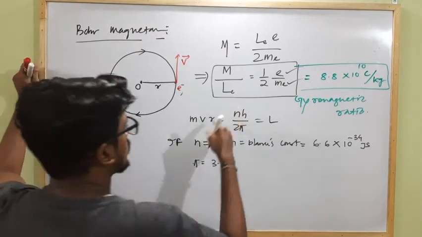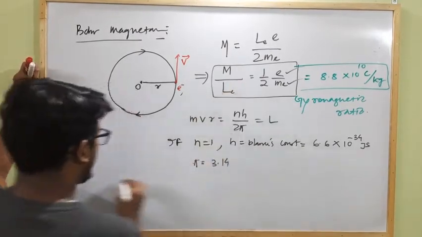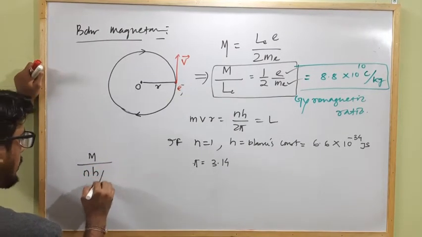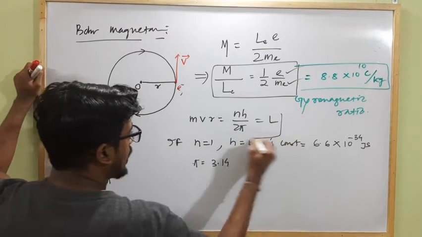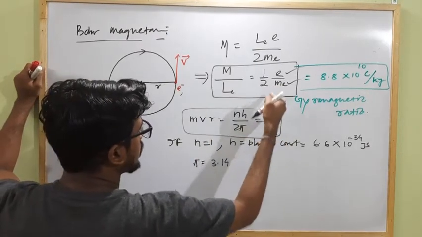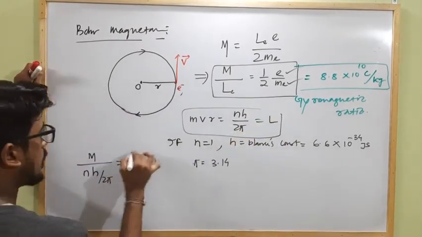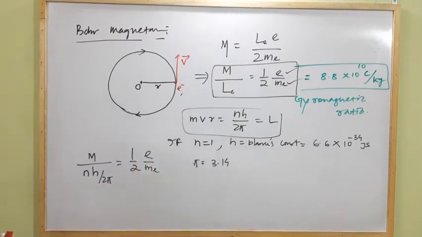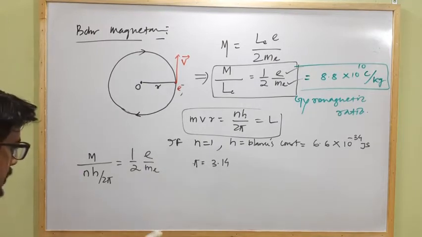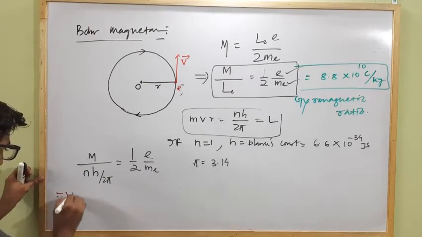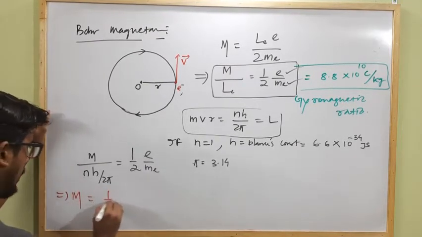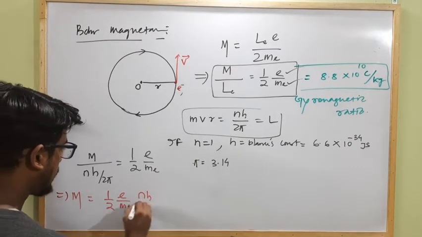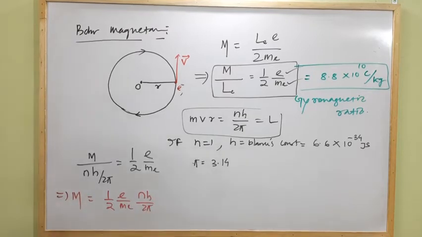Clear? So if I am placing nh by 2 pi in place of L, I can write in this equation m divided by nh by 2 pi is equal to half into e by me. So from this I can write that magnetic dipole moment m equal to 1 by 2 into e by me into nh by 2 pi.